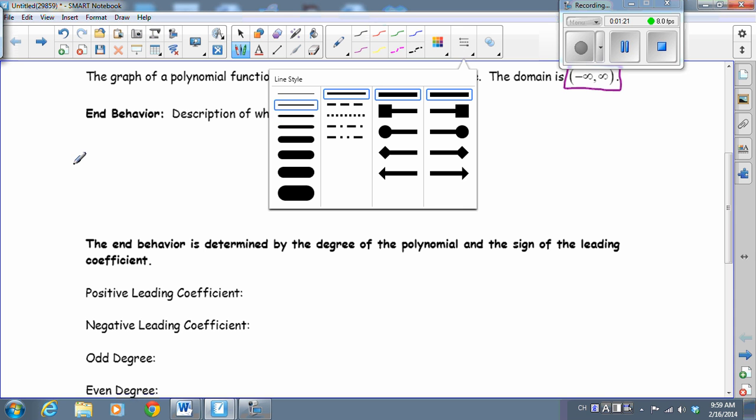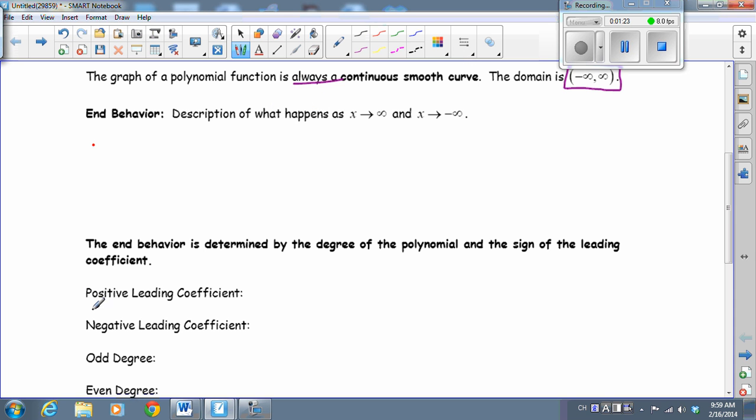Let's start with the positive leading coefficient. If I have a positive leading coefficient, the function will rise right. What do I mean by that?